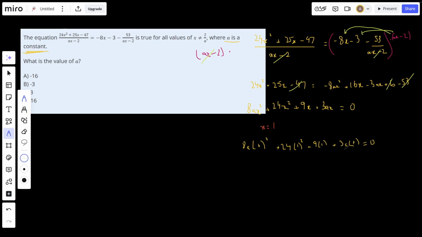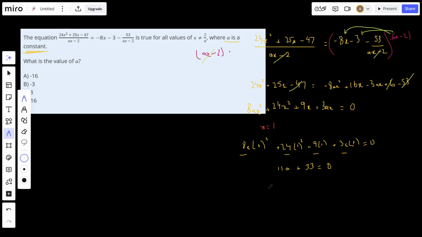So all these expressions become 8a plus 24 plus 9 plus 3a. And we can add the like terms together, so 8a plus 3a is 11a, plus 24 plus 9, that is 33, equals 0.